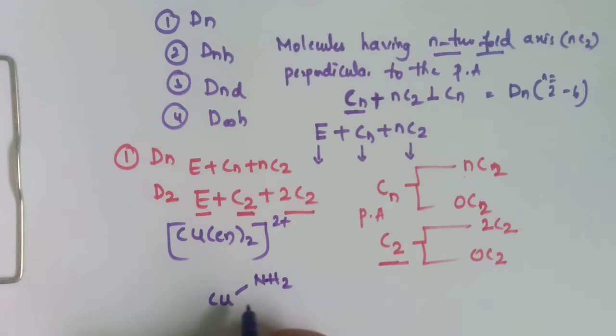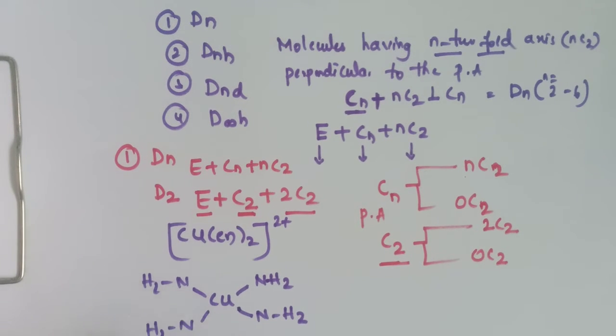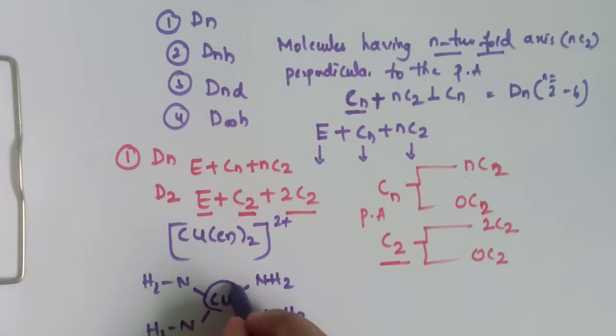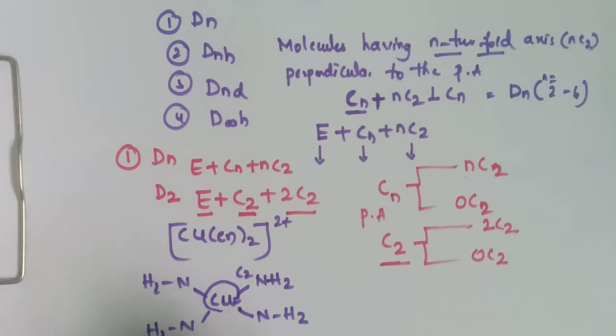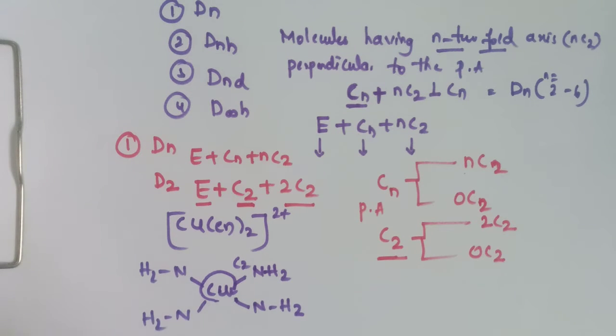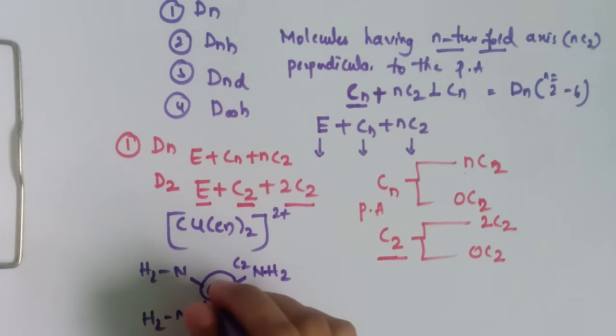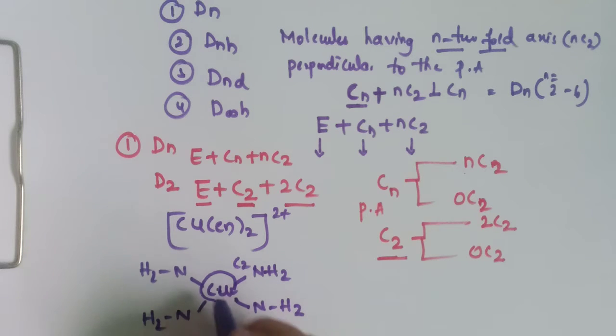Here is a bond between this, and it is also NH2 and NH2 and NH2. If you pass the perpendicular axis like this and rotate the molecule by C2, we will get an identical configuration. By carrying out the C2 operation, we will get an identical configuration. Here I am passing the principal axis and rotating the molecule by C2, and we will get an identical configuration.